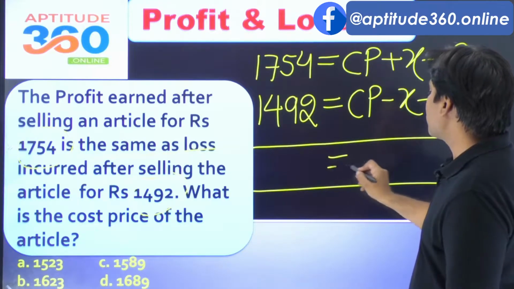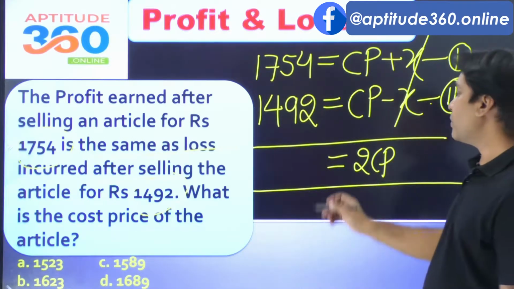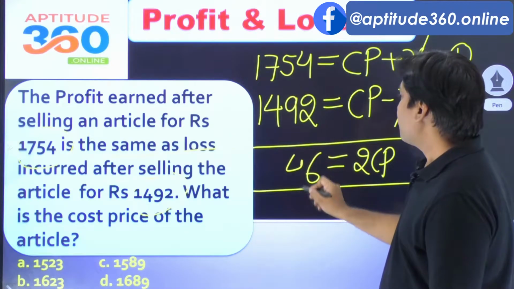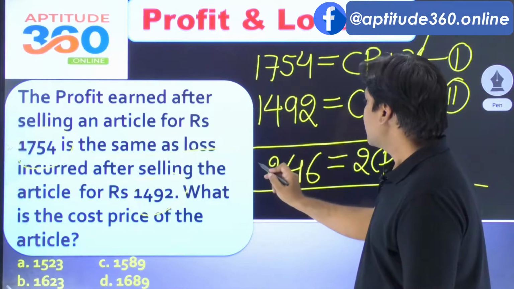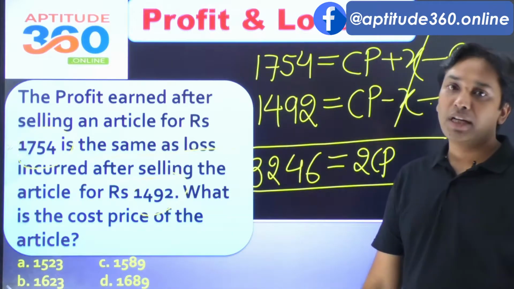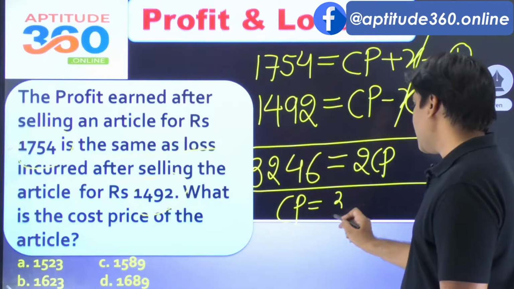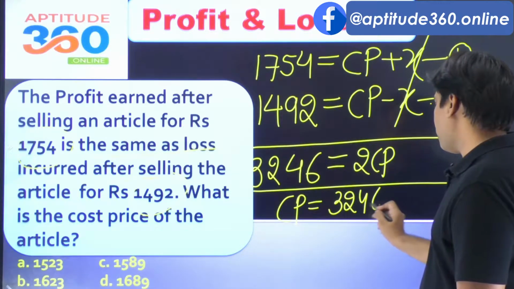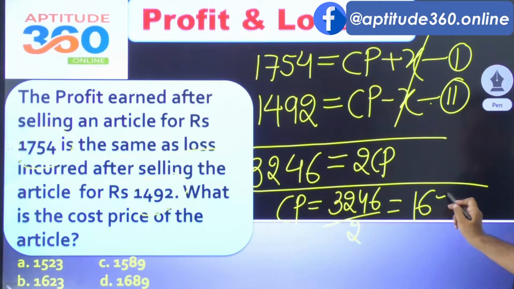So this is going to be 2 times of cost price. 2 times of cost price would be, this is 6, 4, and then this is what you're going to have. So what is going to be the value of cost price? The value of cost price will be 3246 divided by 2. That comes out as 1623 rupees.